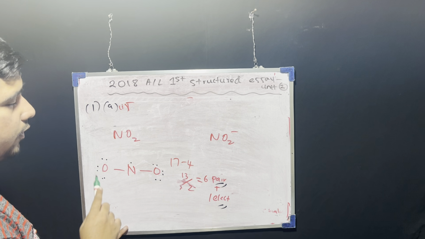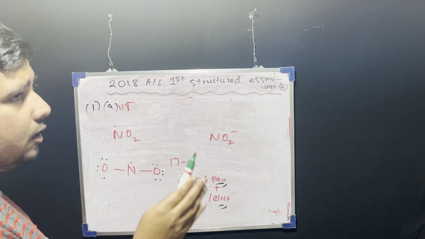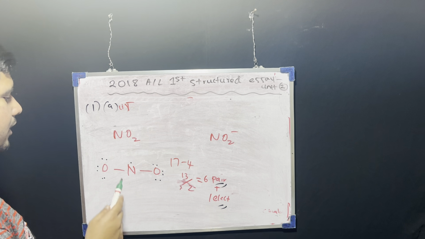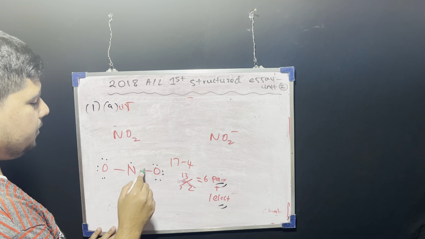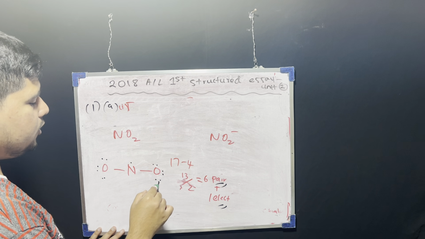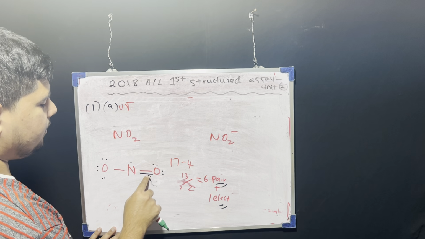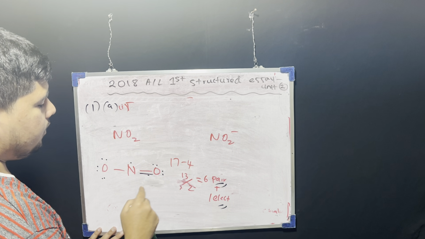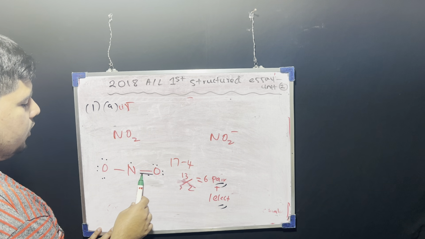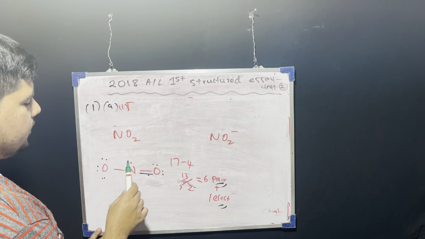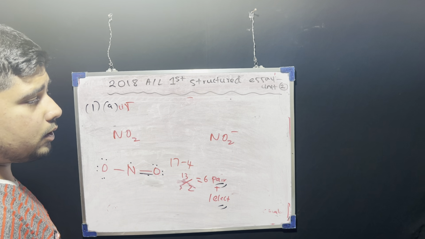Only 5 electrons are there. To complete the octet, 8 electrons should be there. Therefore, let me make this lone pair a bond pair. If I do this, what will happen? Now you see 1, 2, 3, 4, 5, 6, 7. Now also the octet is not complete.